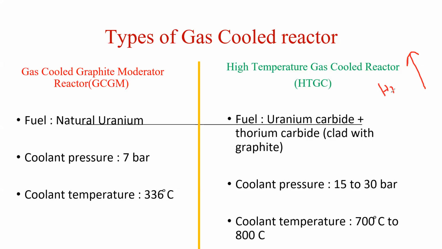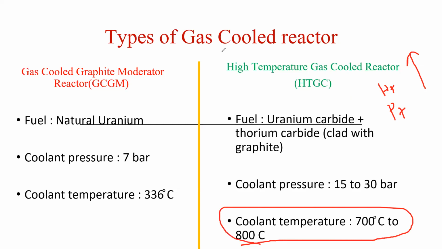How can we write it? This reactor deals with high temperature and high pressure, that is 700 degrees Celsius to 800 degrees Celsius. So we have to take care of this pressure because it is very high.